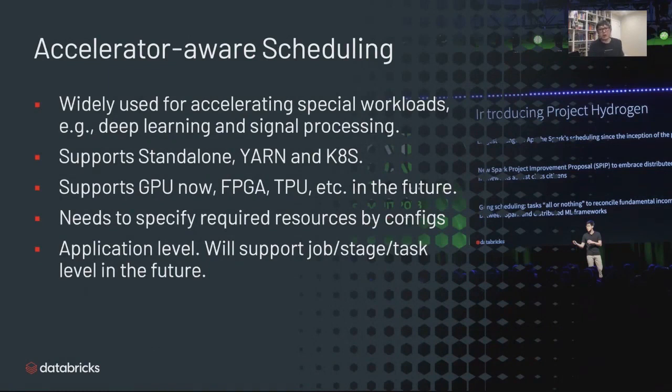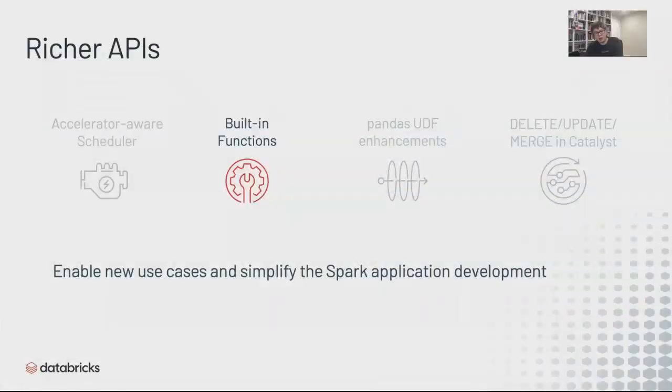Accelerator-aware Scheduler is a part of this project. It can be widely used for accelerating special workloads. In this release, we support the standalone, YARN, and Kubernetes scheduler backends. And so far, users still need to specify the required accelerator resources using application level configurations. In a future release, we might support lower levels, like the job, stage, and task levels.